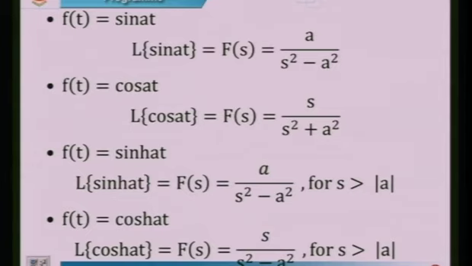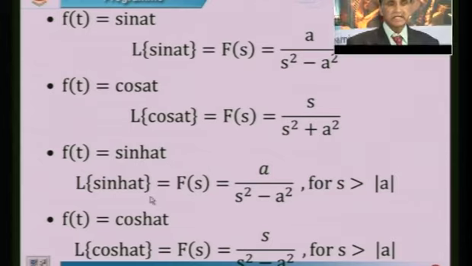You must have studied in complex numbers the hyperbolic function expansion in terms of exponentials, that is, sine hyperbolic at you are taking as e to the power at minus e to the power minus at, divided by 2. This will be replaced under the integral sign, and then you will do the integration, then you are getting L of sine hyperbolic at is equal to a divided by s square minus a square.